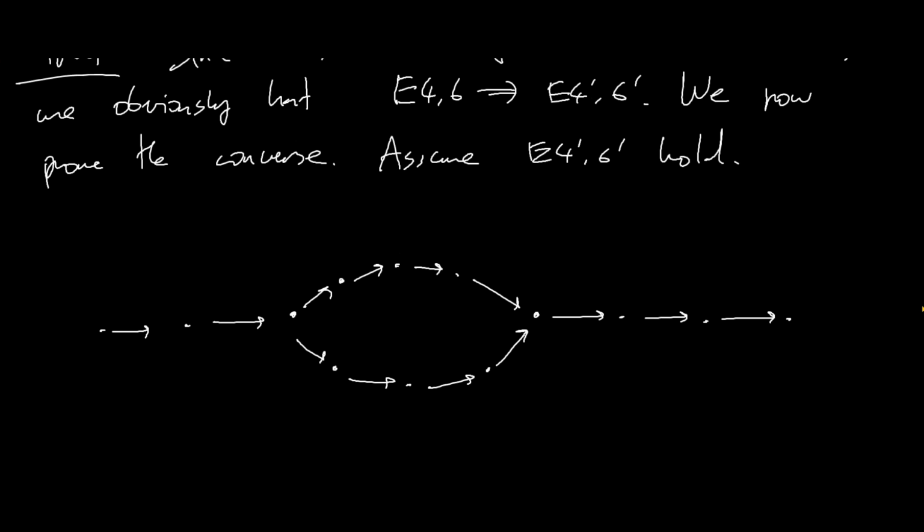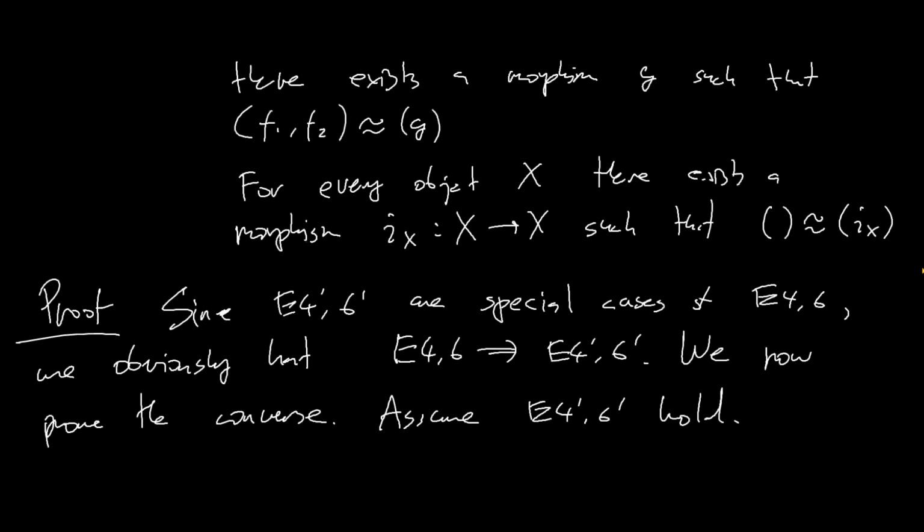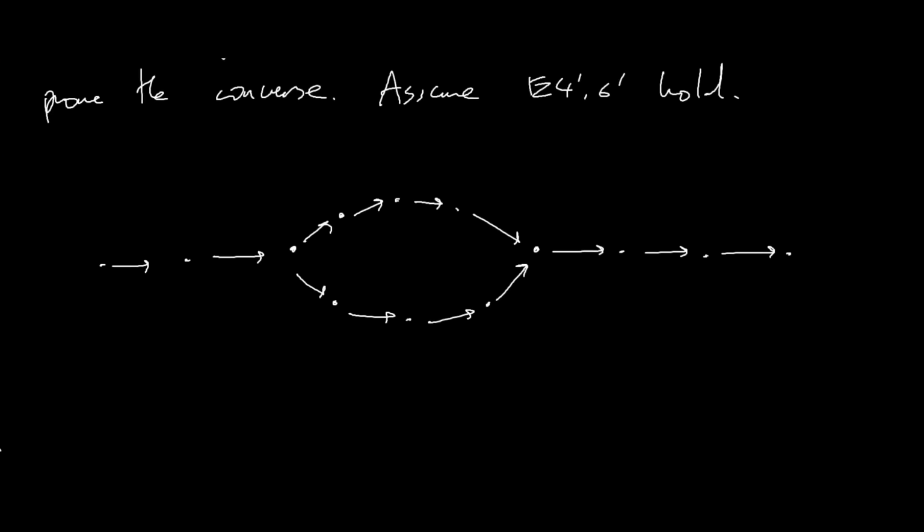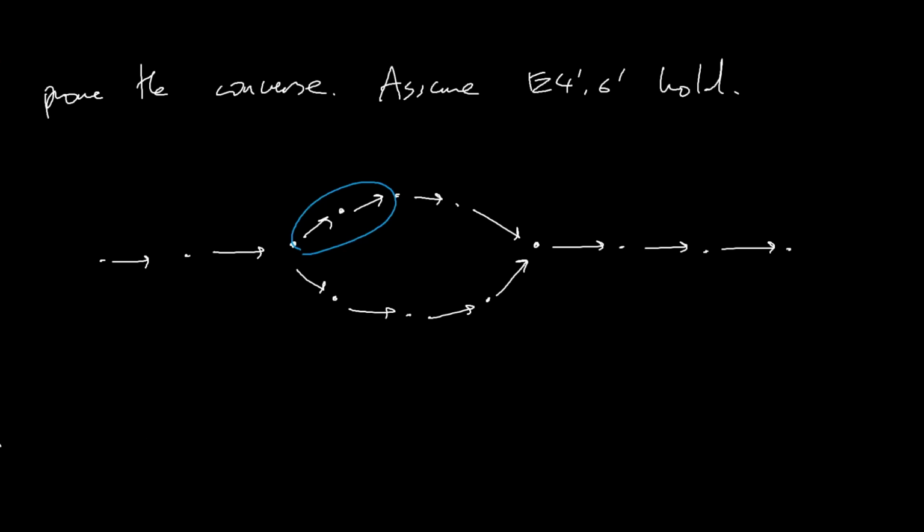Well, by the way, any ideas? Maybe we use induction on length. So we kind of want to slowly reduce things. So we could apply the reduction axiom for, let's say, this pair to claim that this path is equivalent to a single morphism.